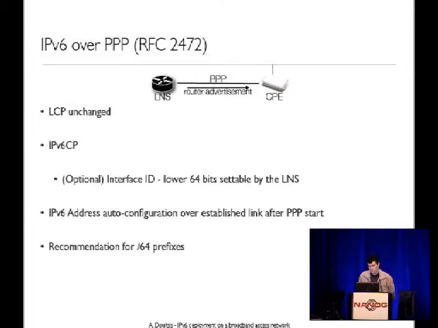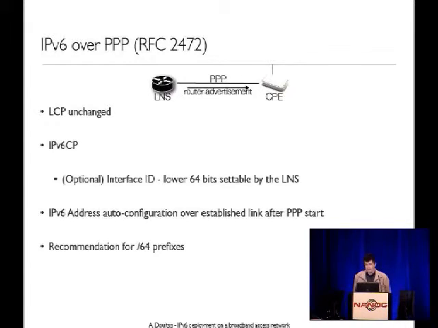The only option that is being used, and please note that this is important for our infrastructure, is the interface ID, which are the lowest 64 bits that the CPE will be using to create its PPP IPv6 address. This is essentially the EUI-64 address, which all of you probably are familiar with.